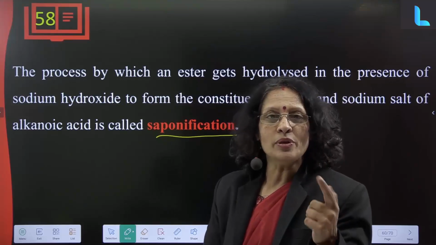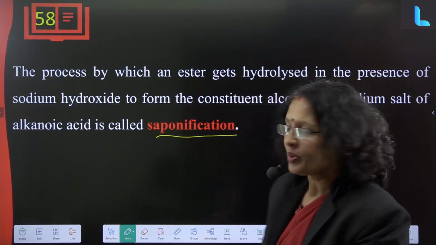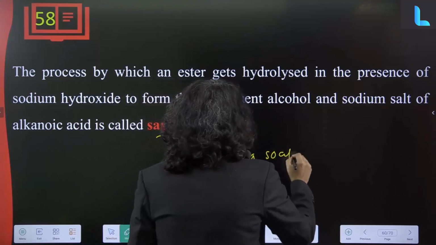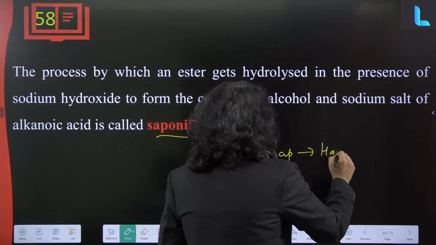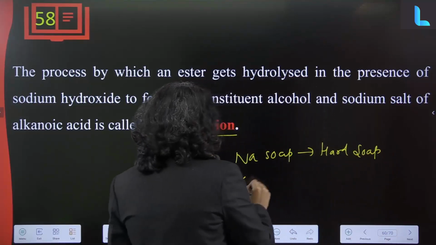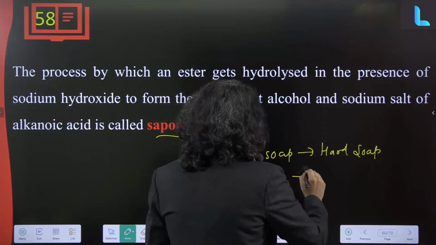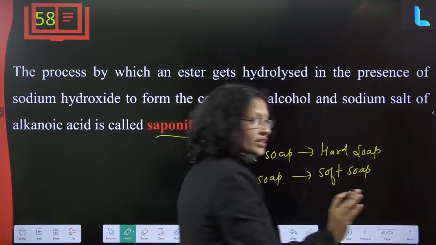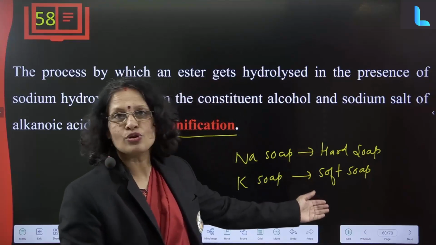There are two types of soap, sodium soap and potassium soap. Sodium soaps are considered as hard soaps, and potassium soaps are considered as soft soaps. It is nothing related to hard to touch or soft to touch.